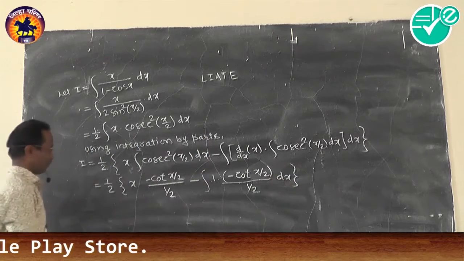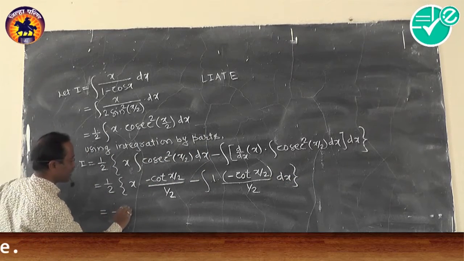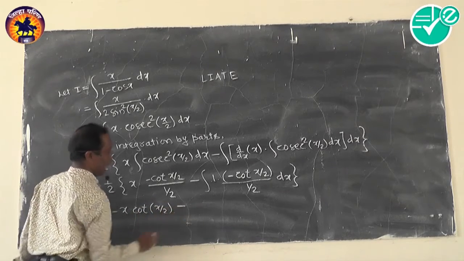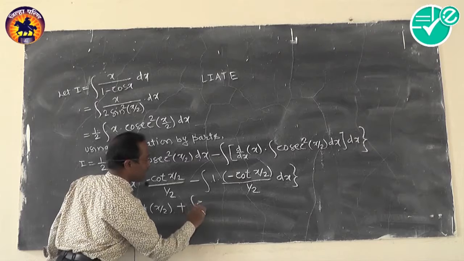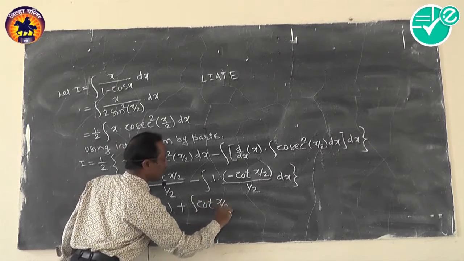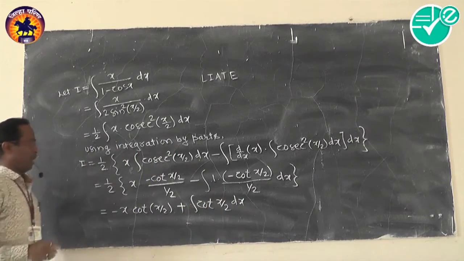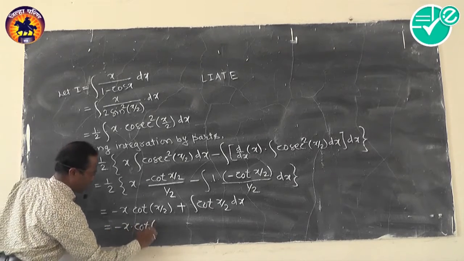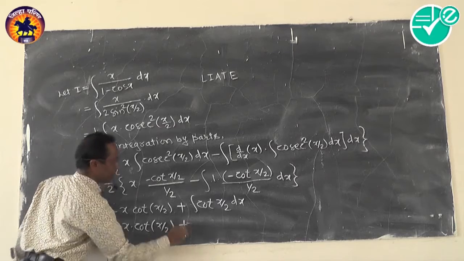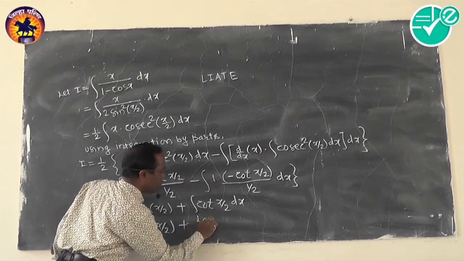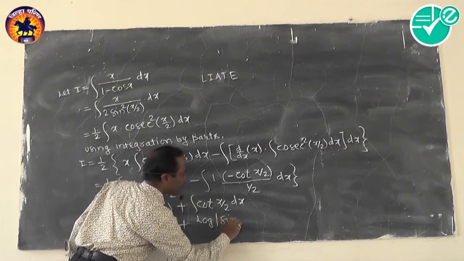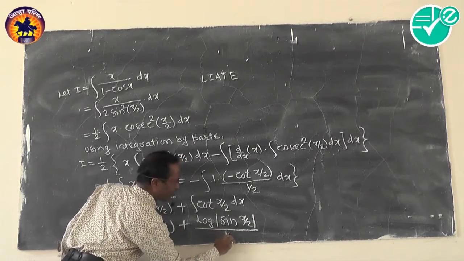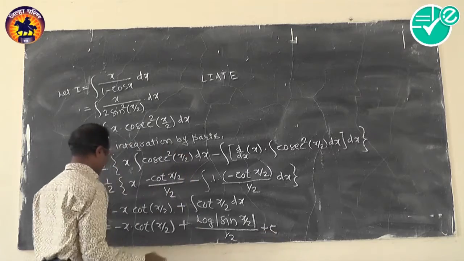So we get minus x into cot of x by 2, minus minus becomes plus, integral of cot x by 2 dx. And the integral of cot x by 2 is log of sin x by 2 divided by the coefficient of x, 1 by 2, plus c.